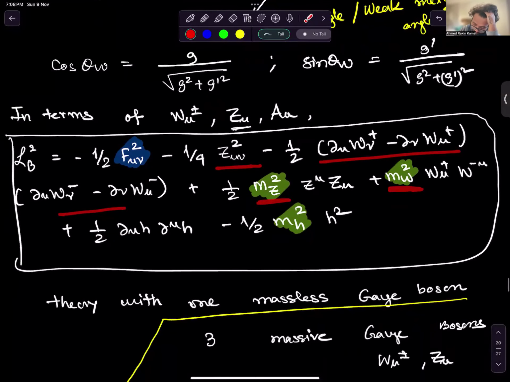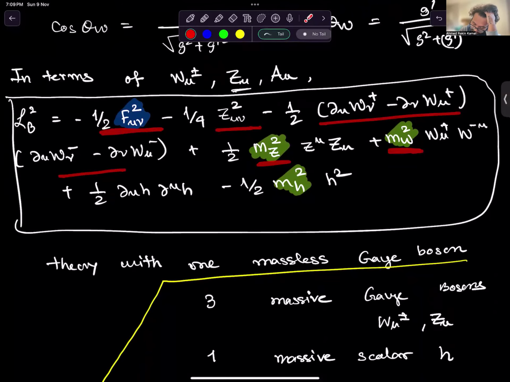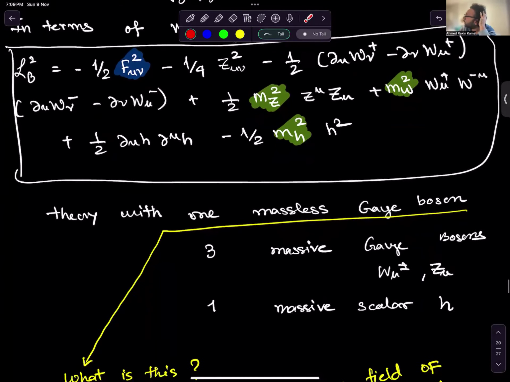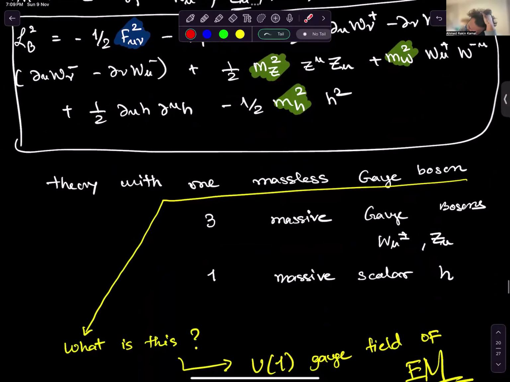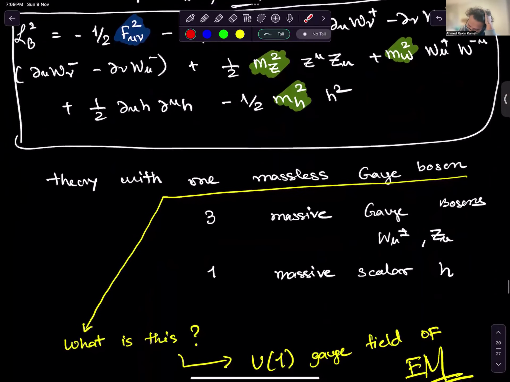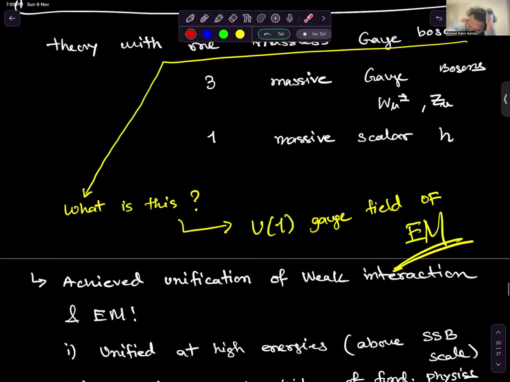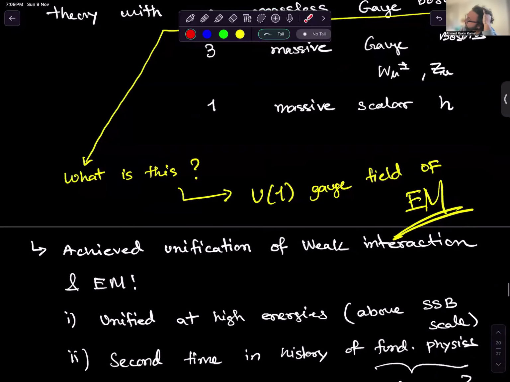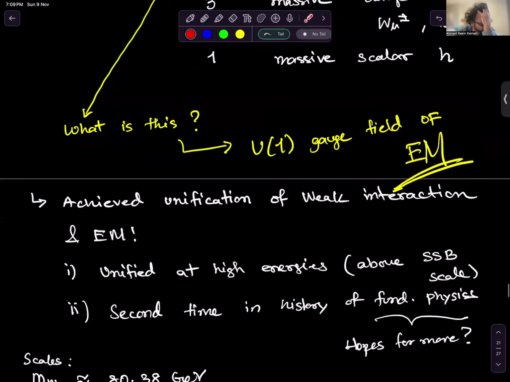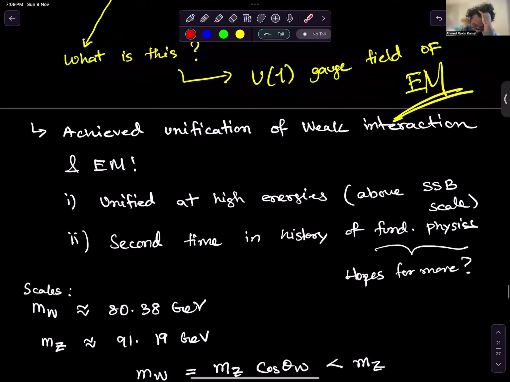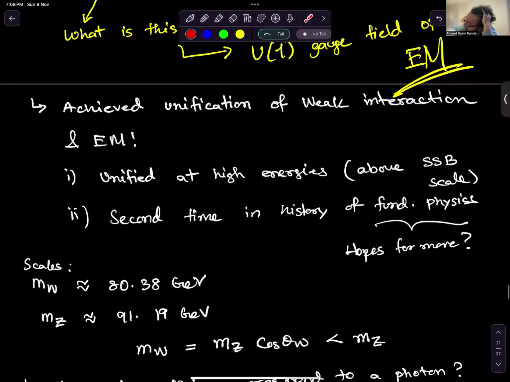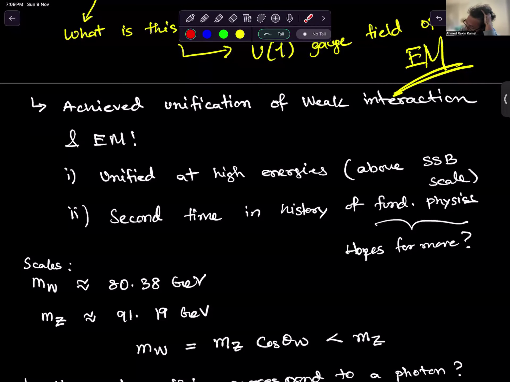And more interestingly, a massless spin 1 gauge field, which was very interesting because this did correspond to the U(1) gauge field of electromagnetism. So in the process of studying the weak interactions, we actually discovered that at high energies, that is, above the scale of spontaneous symmetry breaking, electromagnetism and weak interaction are part of the same force, which is quite amazing.